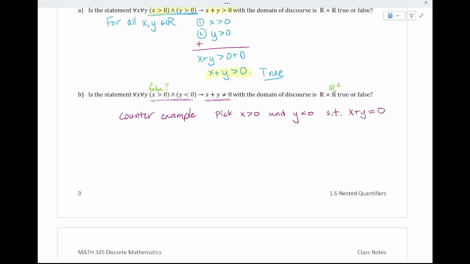That's what I'm looking to do. So let's let x be 1 and y be negative 1. X is greater than 0, y is less than 0. Then x plus y is equal to 1 plus negative 1, which equals 0. And my statement said that x plus y can't be 0. Here I found a case where it's 0. So I have proven this false with a counterexample.